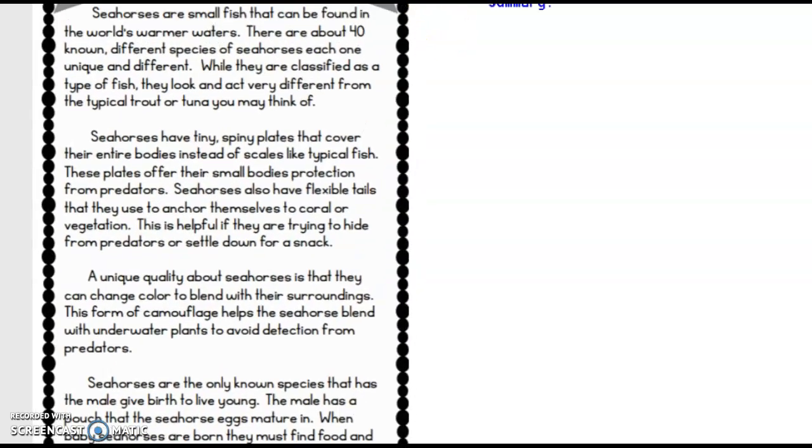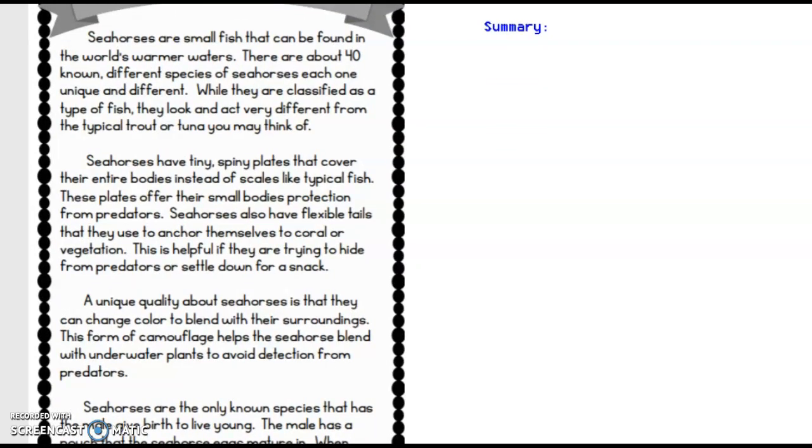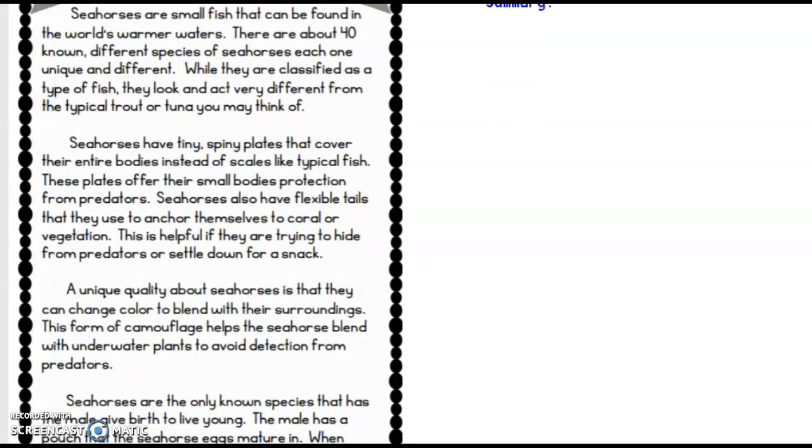Okay, so your first step is to read the article. And now we want to go through and highlight main ideas in our paragraphs. So looking at our first paragraph, it's always good to reread it. Seahorses are small fish that can be found in the world's warm water. There are about 40 different known species of seahorses, which are unique and different.